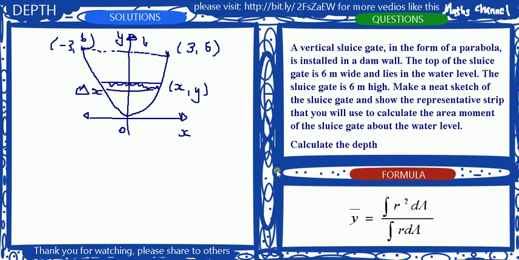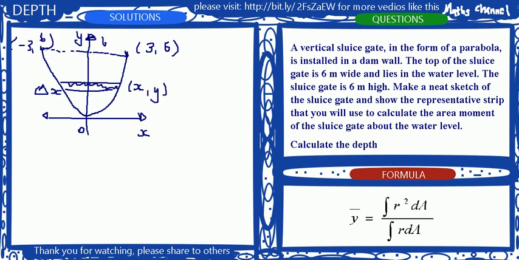So the value of r is here, because our height is 6, so we write 6 minus y. So that's the r.